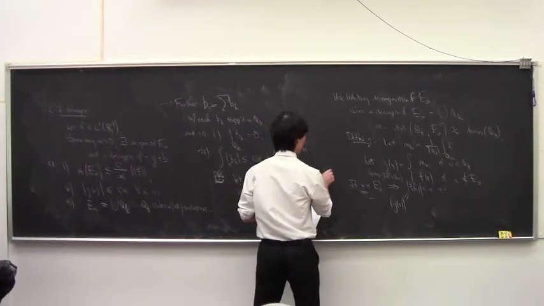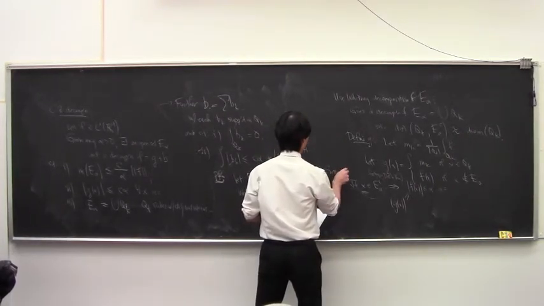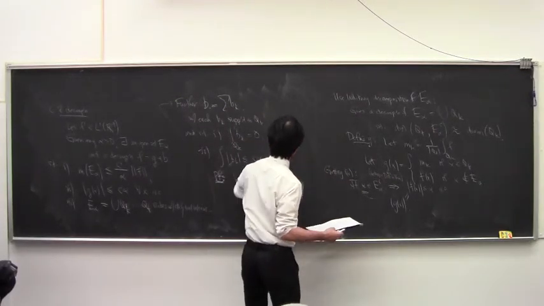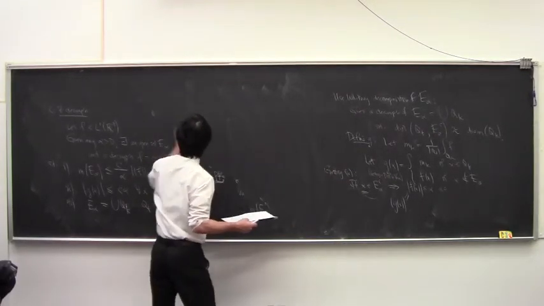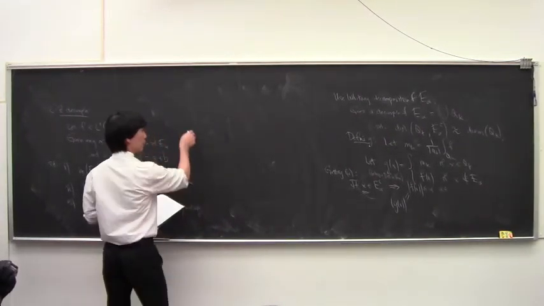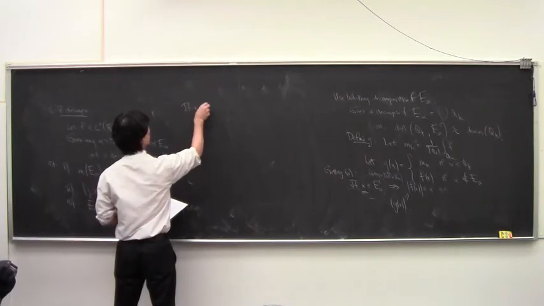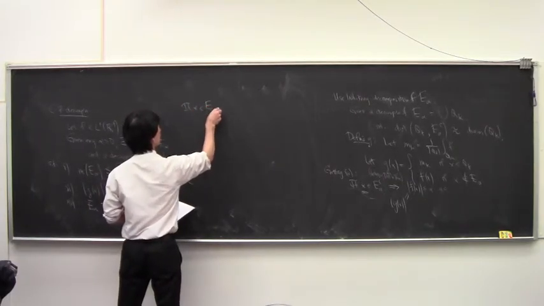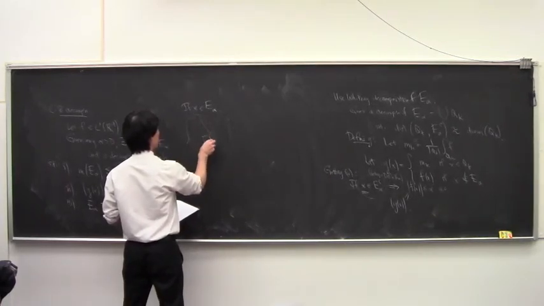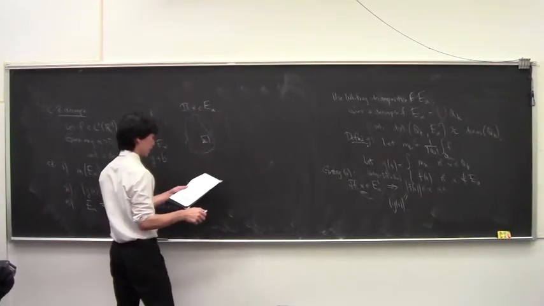So getting the bounds on G. If x is in E alpha, then x lies in some cube.